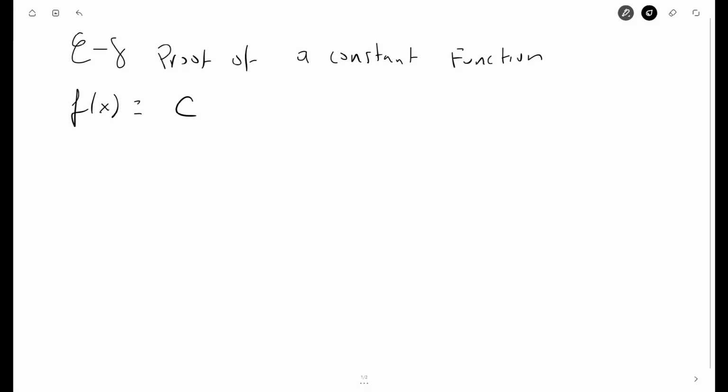Then we want to show the limit as x approaches a of f of x is equal to the limit as x approaches a of the constant c, which is equal to c.